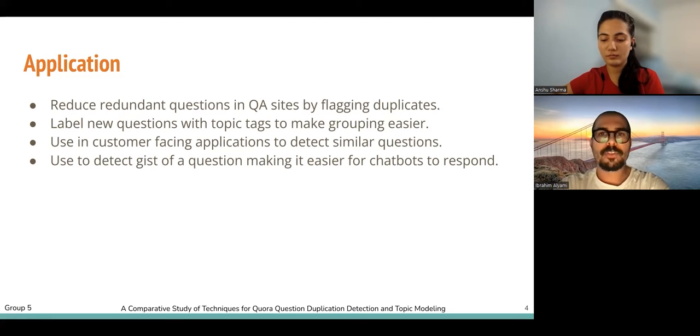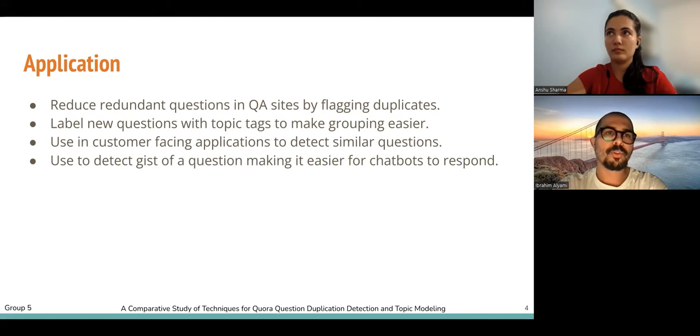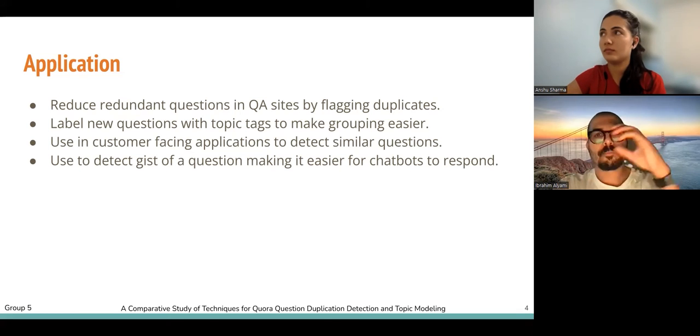Another application is to make it easier for chatbots to respond, because these bots receive a lot of questions from people. A lot of these questions might be duplicated, so it makes it easy for chatbots to detect the similarity of these questions.